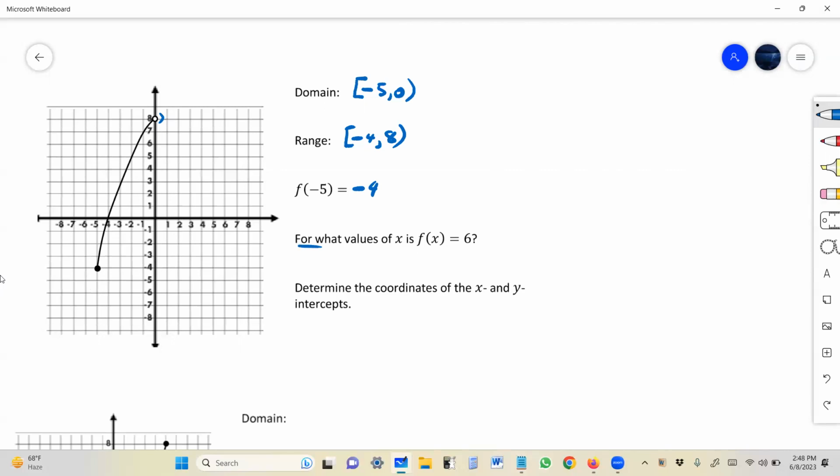Now we do the reverse. We need to find the x when y equals 6. So you go to y equals 6, right here. Go to where the function is and grab the x coordinate, which seems to be right here in the middle. So I would say x equals -1.5.